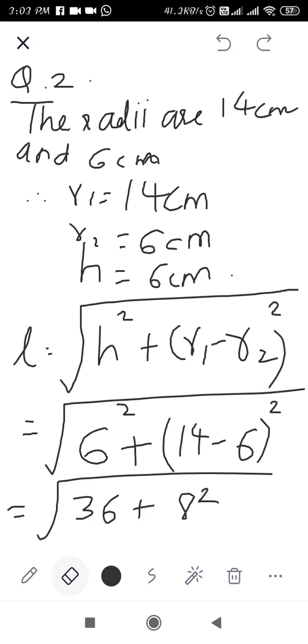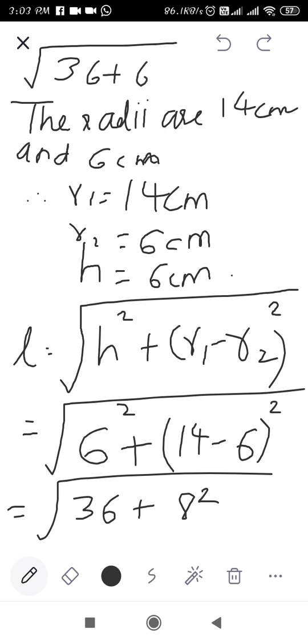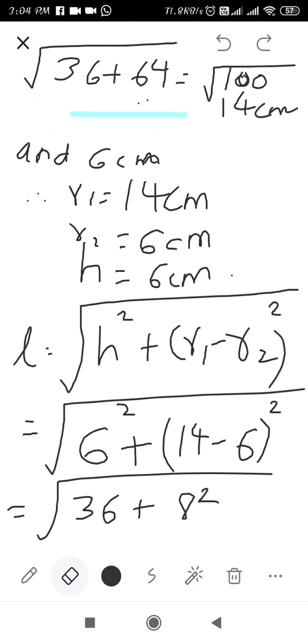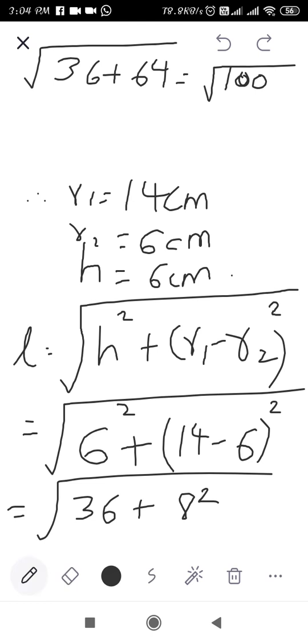Now first we'll find out the square of 8, that is 64, and add it to 36. Now you will have 36 plus 64 is equal to 100. Under root 100. Now square root of 100 is 10. So we got the value of slant height, that is l. l is equal to 10 centimeter.